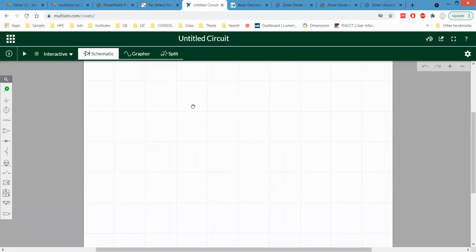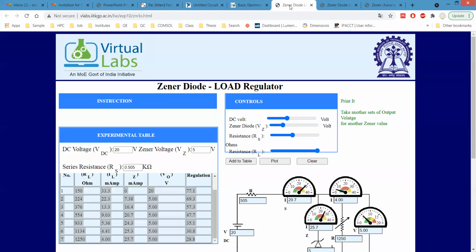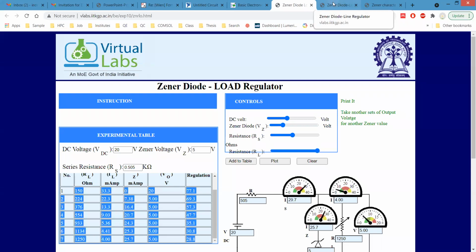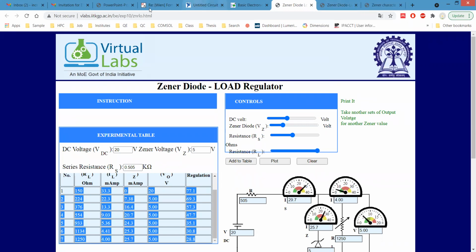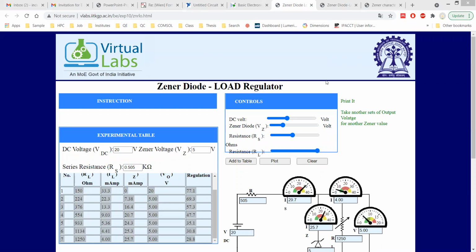Yes, sir. Please explain why the voltage becomes constant across the Zener diode this time. I understood it as a line regulator, but in this I didn't understand. Okay, load regulation you cannot understand, right? No, sir. I understood, but why the voltage becomes constant when this RL becomes 224?